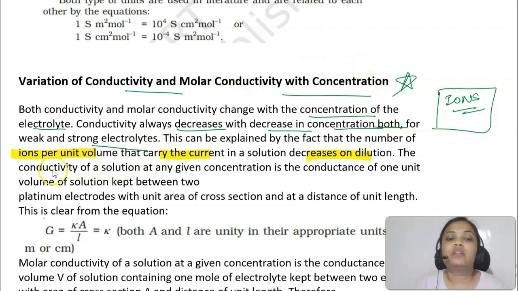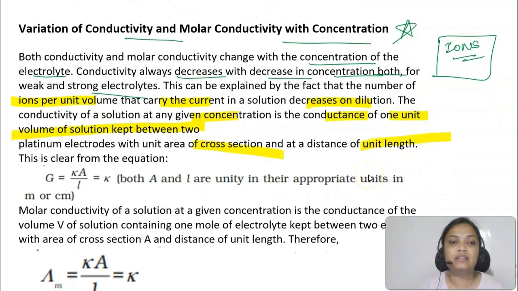The conductivity of a solution at any given concentration is the conductance of 1 unit volume of the solution kept between two platinum electrodes with unit area of cross section and distance of unit length. We have just discussed this, right? So conductivity means the conductance of 1 unit volume of solution, kept between 2 platinum electrodes whose area of cross section we take as unity, and the distance is unit length.